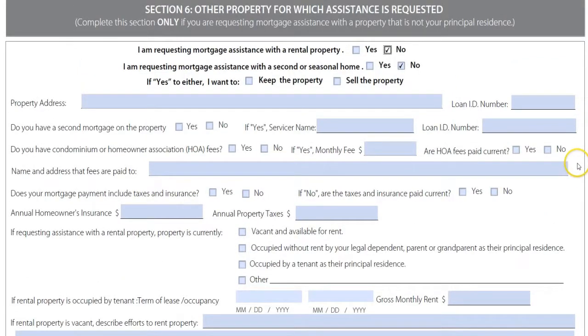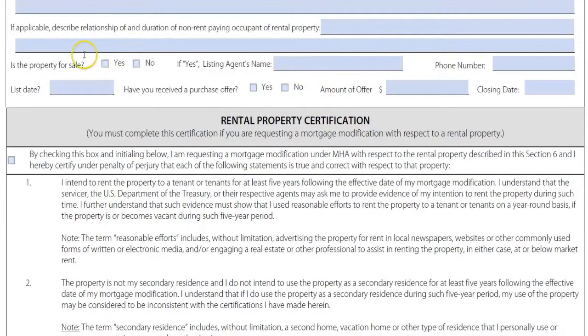Now, if you are requesting assistance with a rental property or a secondary home, then you do have to fill out page number 4, including the rental property certification. Make sure that you check the box if you are requesting assistance with a property that is not your primary residence. Make sure you check the box and you initial down at the bottom.